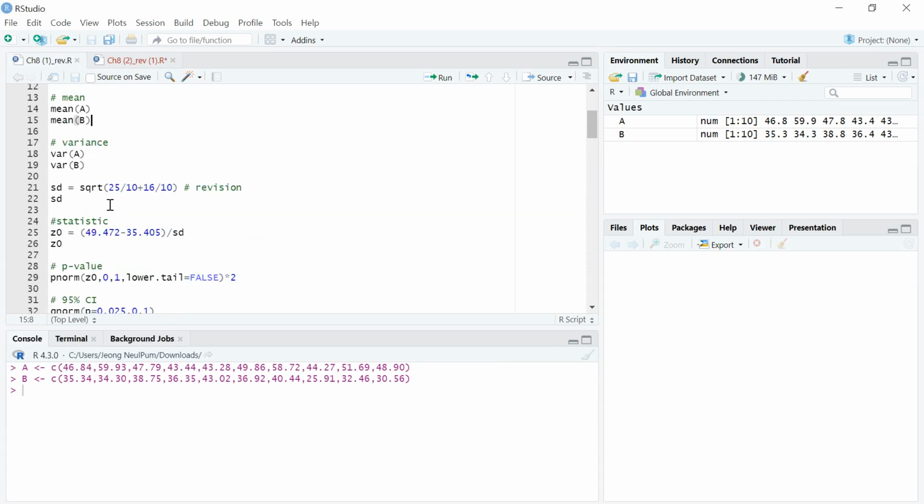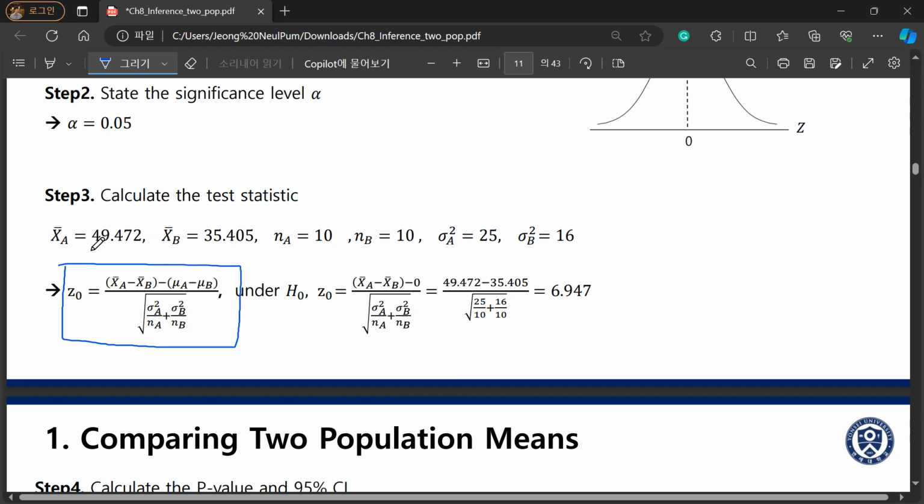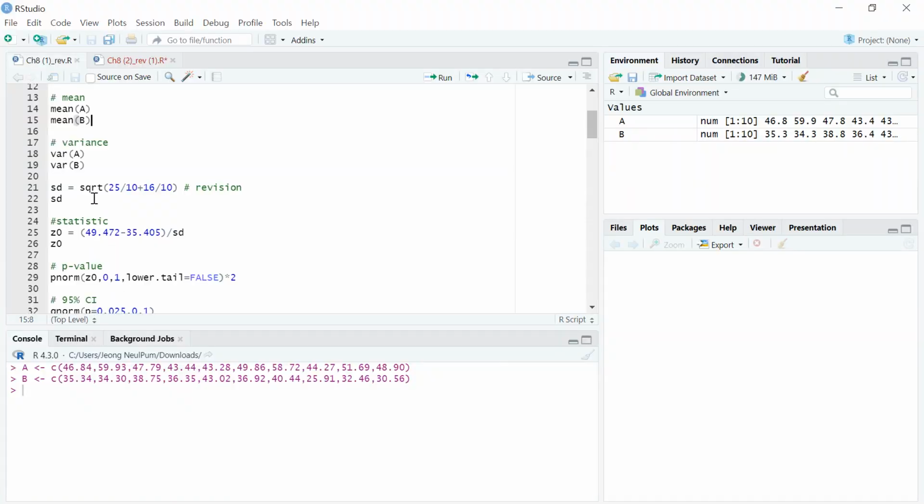So what you have to do is just get the same value by using the sample mean and the population mean from our assumption and the variance value, which is the same as this one. This variance value comes from this formula. So I use the same formula by using the square root function and the sample number of the sample from each population and the variance from each population.